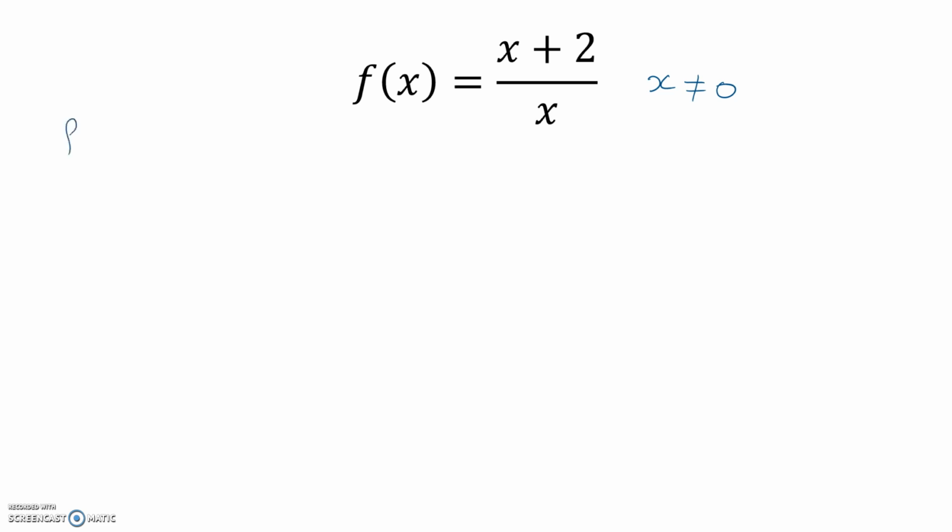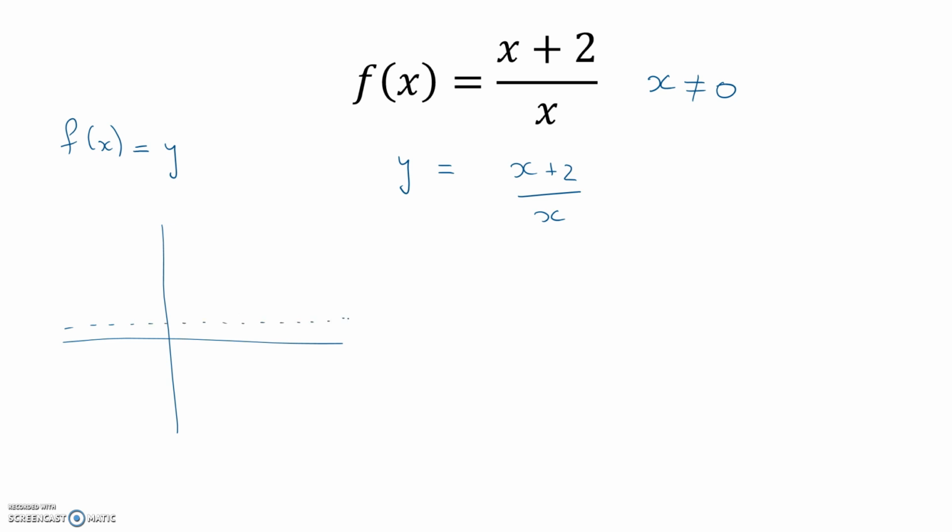Now, you know that one of the ways we can write a function is to say that f of x equals y. So if we write y equals x plus 2 over x, then we have just a rewritten version, just using different notation. And just to check the diagram, the original one here will have an asymptote at 1.